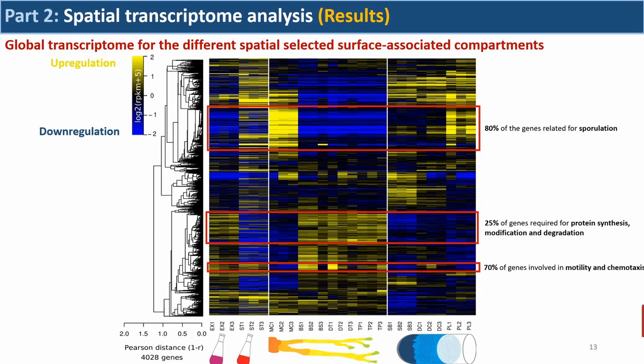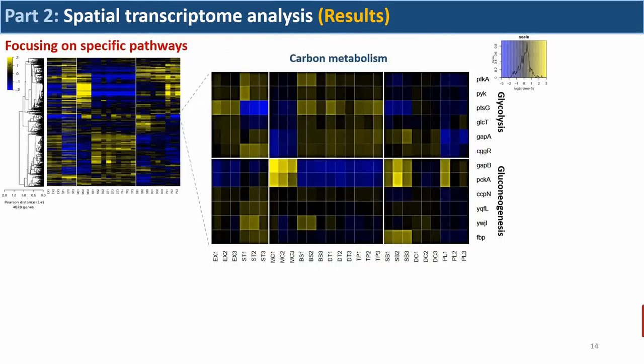This group here is for motility and chemotaxis, upregulated in the planktonic cells, during the swarm, and in the detached cells, while it is downregulated in the 3 biofilm models that we have. This group here contains 40% of the genes related to biofilm formation.